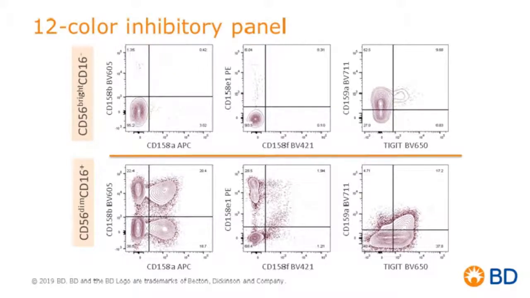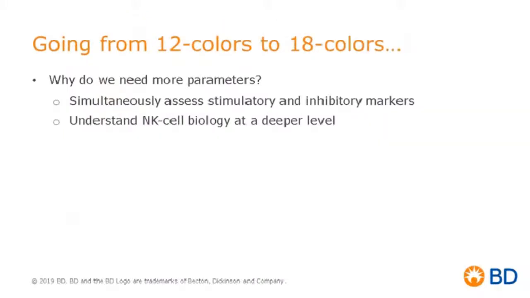And that brings us naturally to the next part of the webinar, where we are now going to step up to an 18-color panel. And why do we want to do that? It's because instead of separating a stimulatory and inhibitory panel, we can now put all these markers together into a single tube. Besides, of course, the workflow efficiency and the fact that we're running just one tube, this greatly expands our biological understanding of NK cell heterogeneity, because now we can look at all these different combinations of both inhibitory and stimulatory markers at the same time.